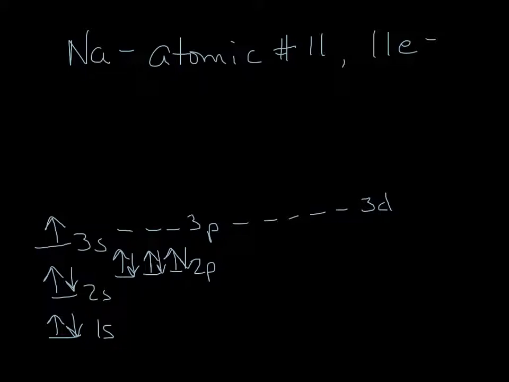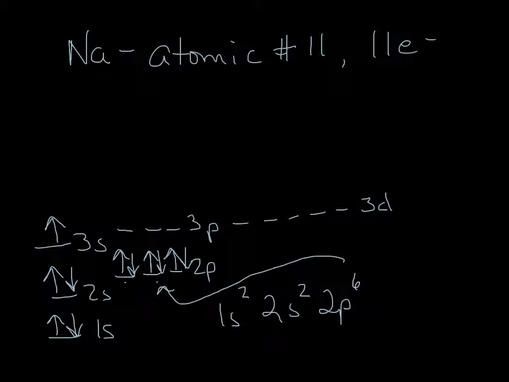The electron configuration notation for that would be 1s2, 2s2, 2p6, because there's 2, 2, 4, 6, and then 3s1.